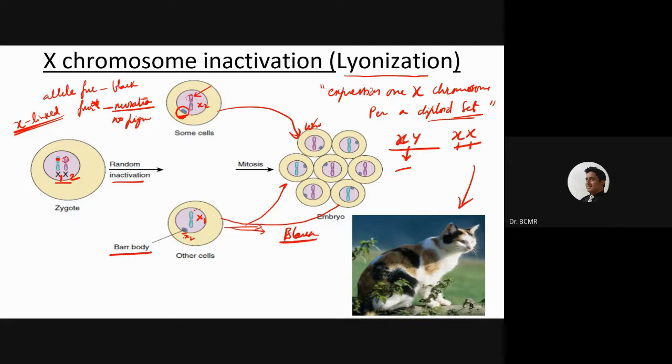So if you look at these cats, some of the regions are white and some are black, and some could be brown depending on the proportion of black and white and how much they are mixed. And again, there are multiple reasons to it.